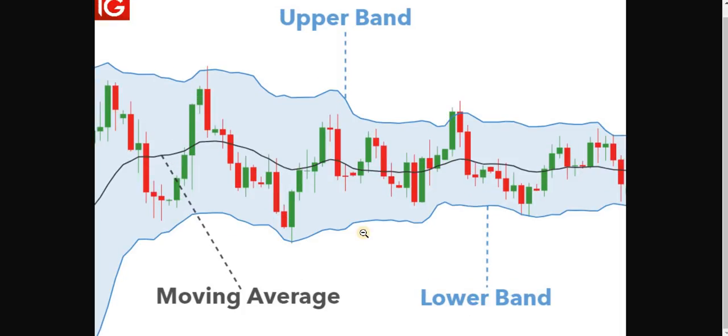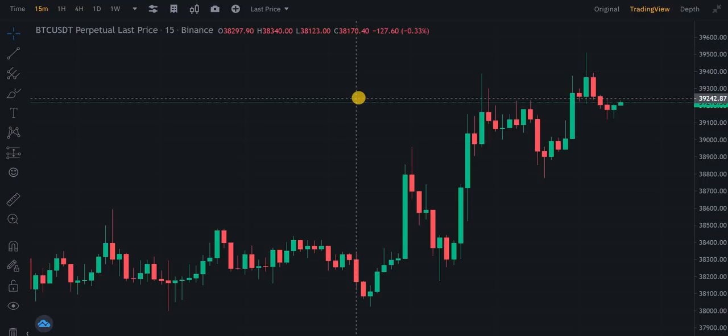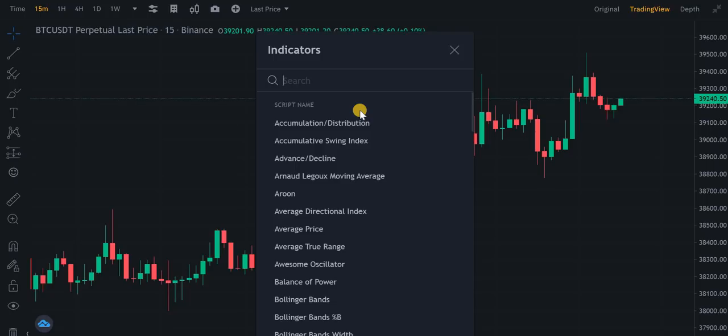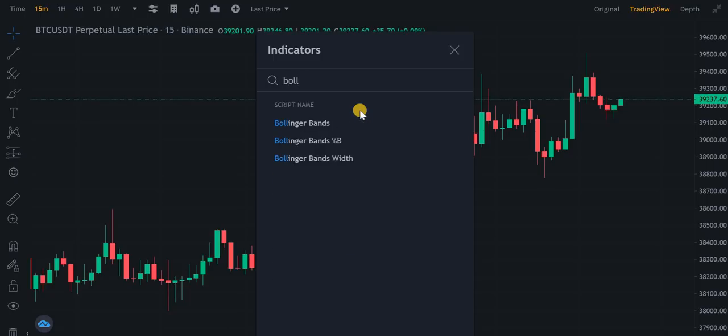Now once you've understood this, let's go back to the price chart and I will show you exactly how to use this Bollinger Band. To access this indicator, you would have to go to the indicator section right here. You click on this and search for Bollinger. You can easily type Boll, and the first result right here is what we are going to use in this video. You click on this.